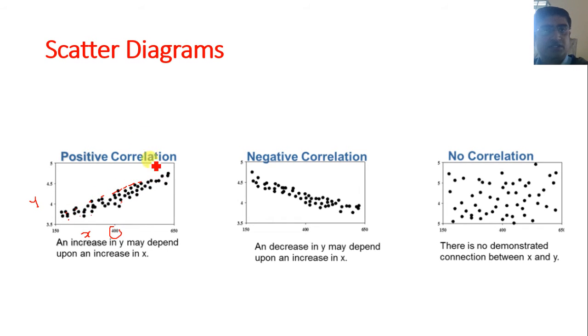After drawing the scatter diagram, you can see that the increase in the value of y may depend upon the increase in the value of x. As the value of x increases, the value of y also increases. So the relation between x and y becomes a positive relation.